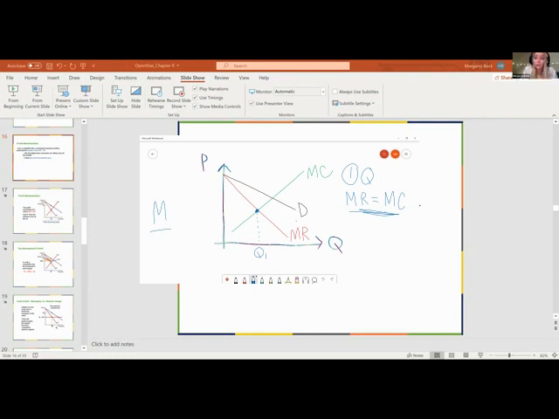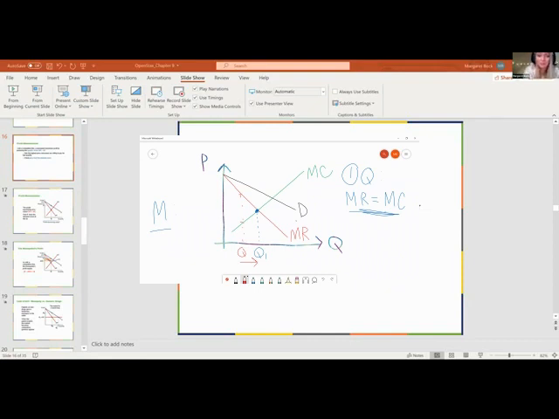And like I just went over, if we were at some point over here, we would see that the marginal revenue at this point is bigger than the marginal cost. So it would make sense for the monopolist to want to produce more of the good.